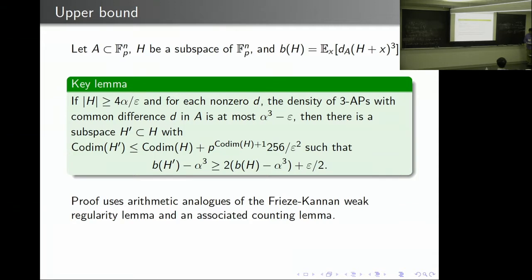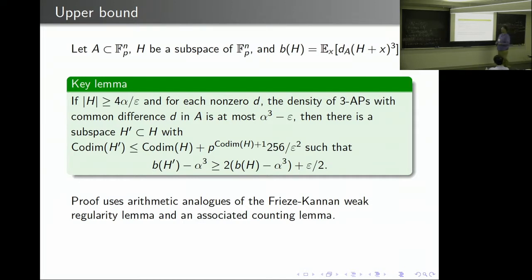Okay, so I've run out of time. I wanted to go through the proof. I'll tell you the big picture idea in 1 minute. So now that we have this subspace H, in each of the affine translates of H, we're going to separately apply the weak regularity lemma.